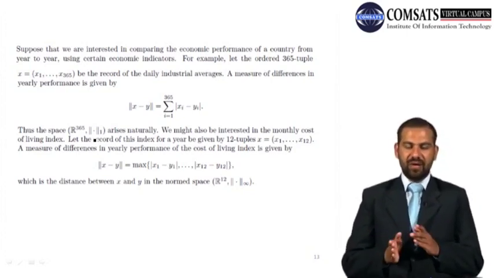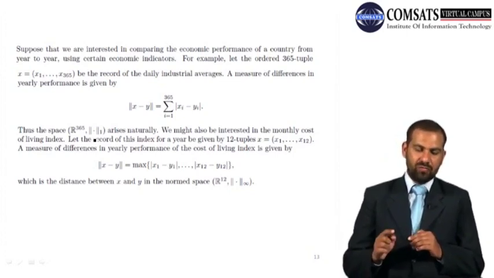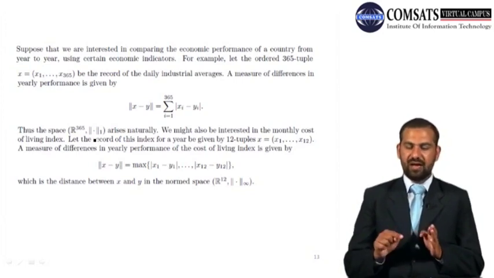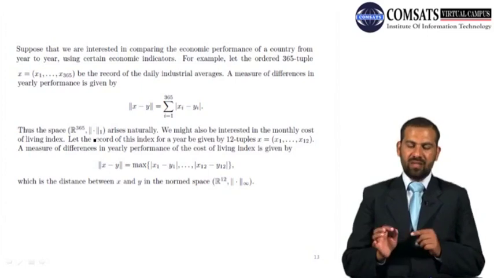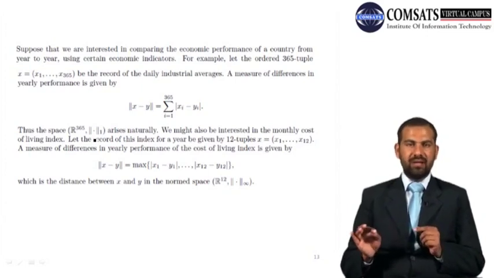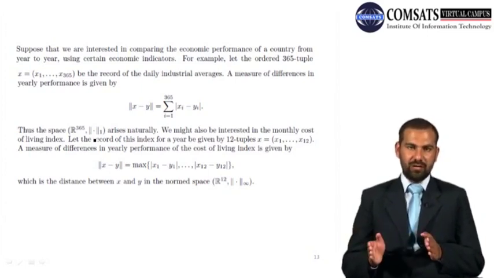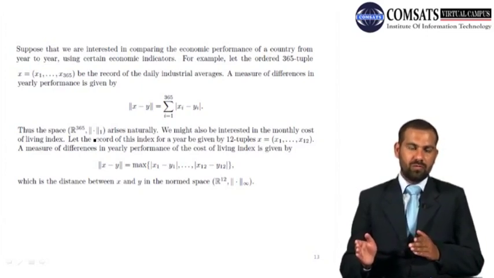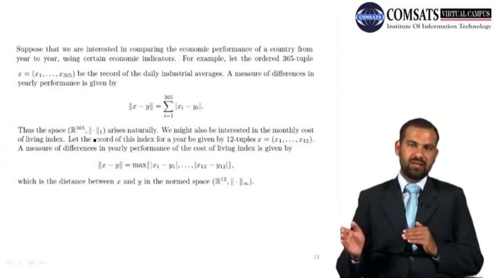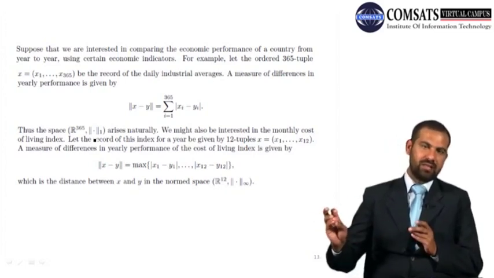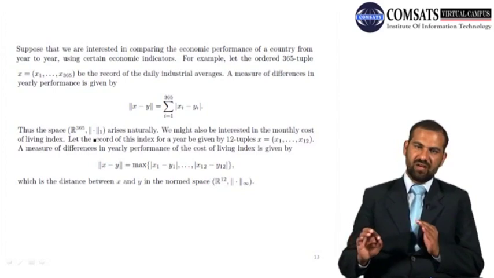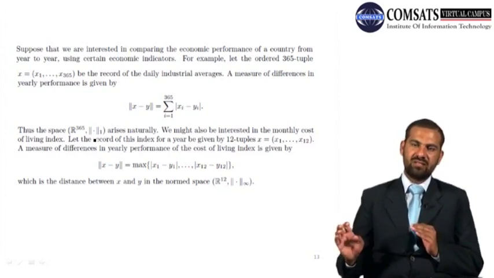How can we see the measure of differences? It is the norm of x minus y, equal to the summation from i equals 1 to 365 of the absolute value of xi minus yi. That is, |x1 minus y1| plus |x2 minus y2| plus |x3 minus y3| and so on up to |x365 minus y365|.